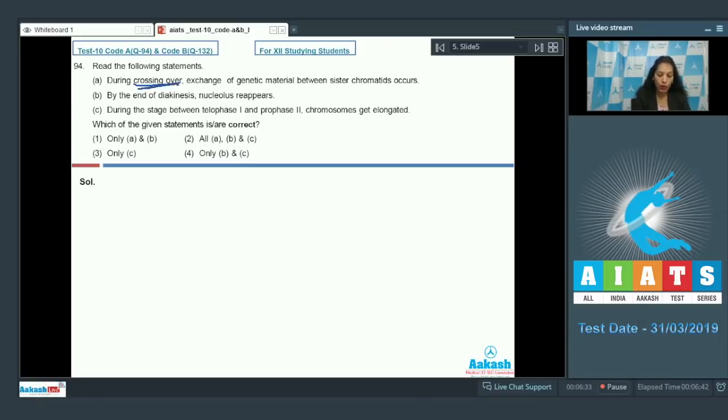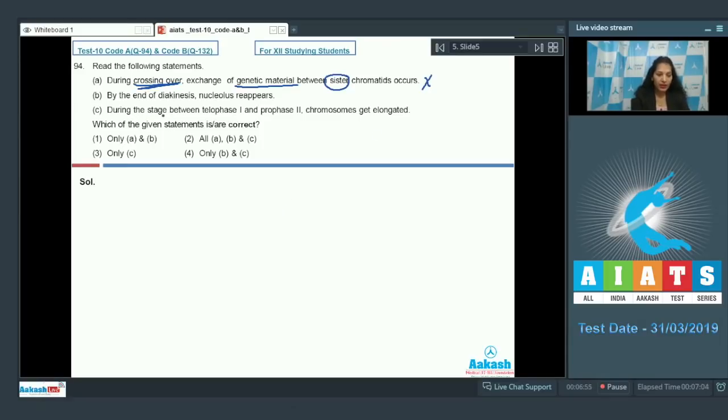During crossing over in meiosis, exchange of genetic material between sister chromatids occurs. No, the crossing over occurs between the non-sister chromatids of the homologous chromosomes. So this statement is completely wrong.